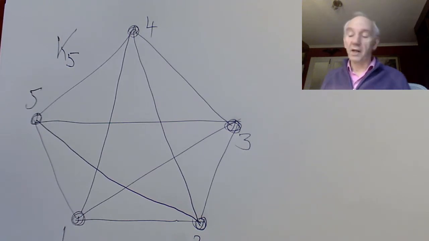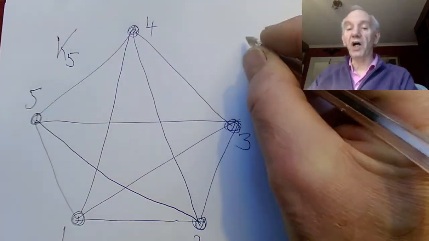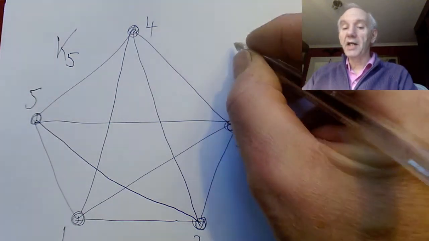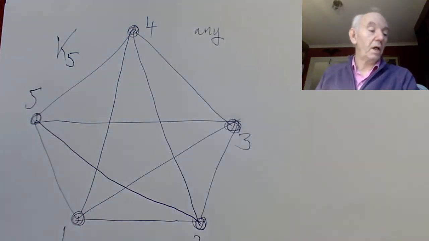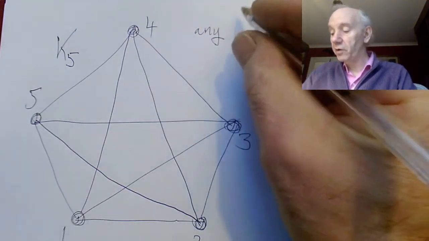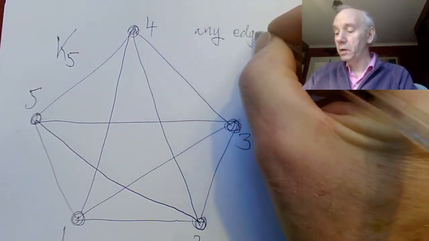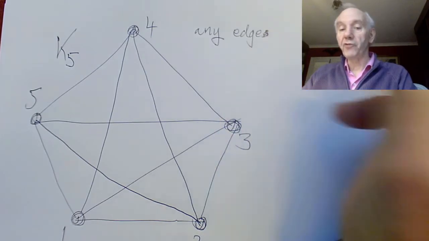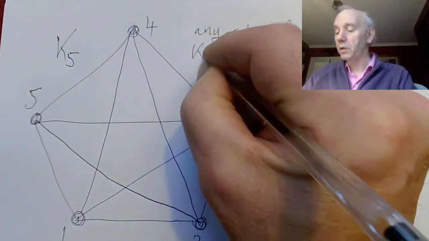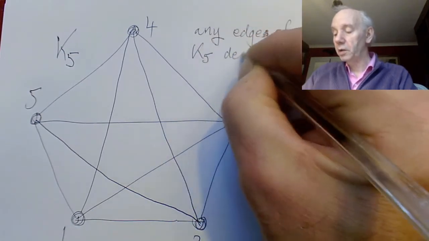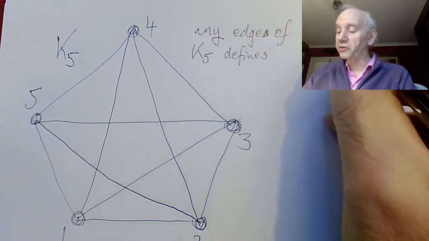Now, as I just said before, but let me write it down. Any edge of K5 defines what I'm going to call a 2-subset.